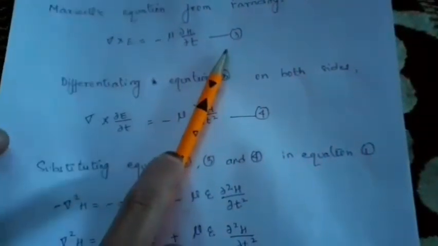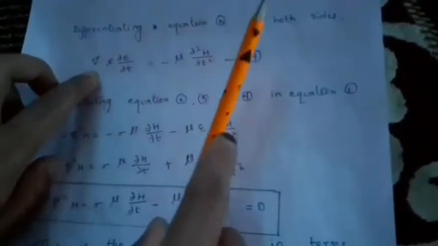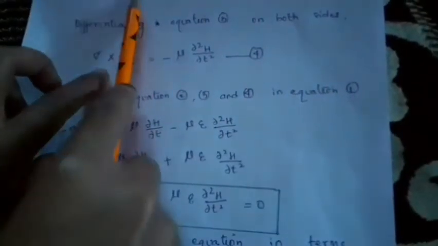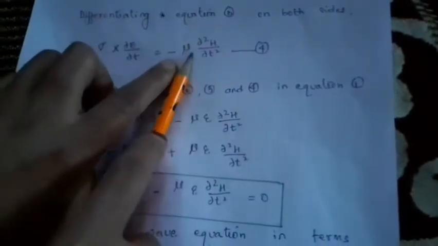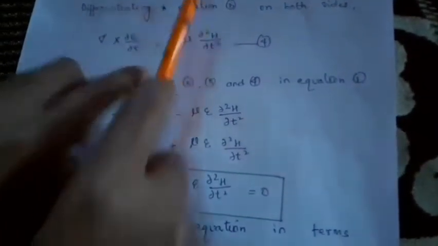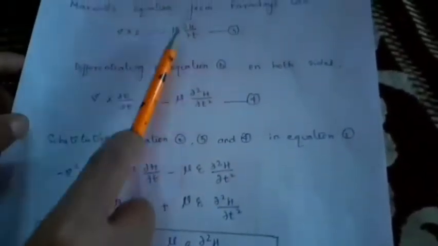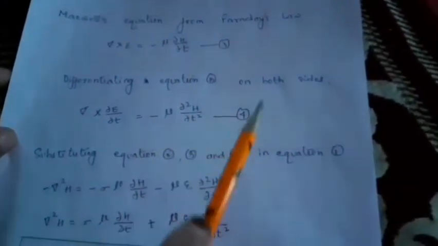And then now we are going to differentiate this on both sides. Differentiating equation 3 on both sides, it will become like this: del cross dou E by dou t equals to minus mu dou square H by dou t square, as one dou is already there, and on differentiation again we are going to differentiate. So this is the fourth equation.